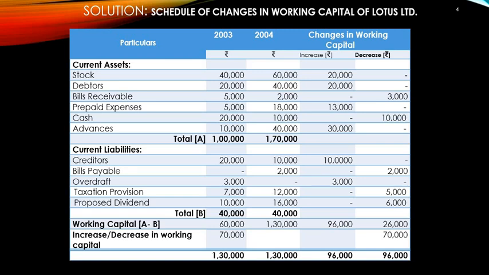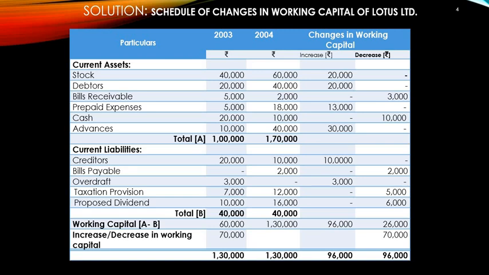Next, current liabilities like creditors, bills payable, overdraft, taxation provision, then proposed dividend. You need to write the values of both years, 2003 and 2004, and just compare them.